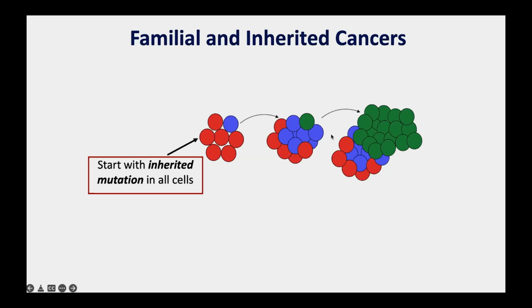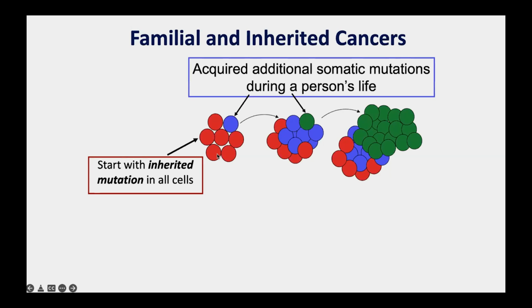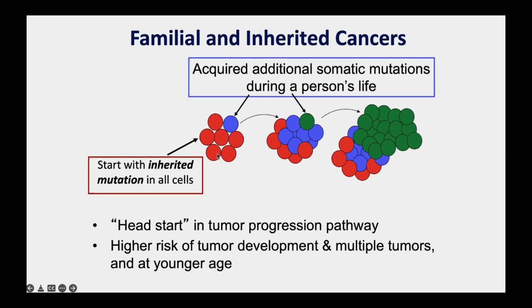They keep acquiring additional mutations, but they already have a head start. Therefore, there's a higher risk of tumor development and a risk of multiple tumors, and again, at a younger age, because you have this head start in the pathway.